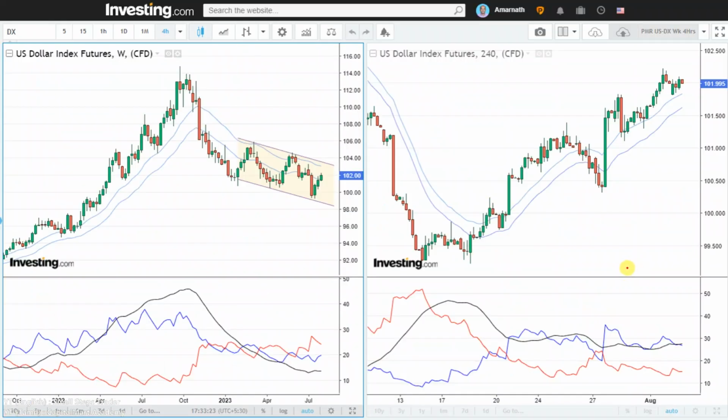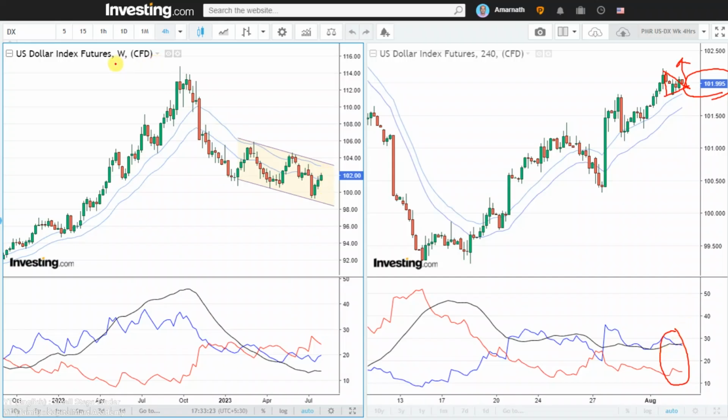The important one, the dollar index. Presently the dollar index is almost 102. For the last couple of hours, it has been in a triangle form, in sideways movement. There is a lot of possibility it moves on the upper side only. That's what the indicator also says: the minus DMI is below the 20 line and the plus DMI is above the 20 line, so there is a possibility it may continue.